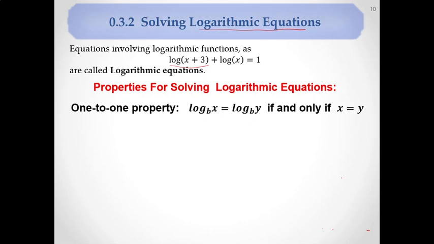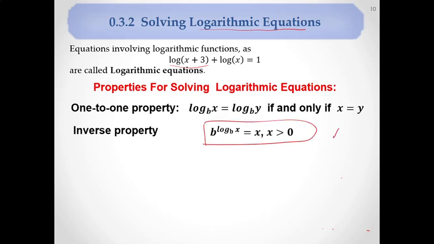Now, the other property here is this one, the inverse. This property is very important. I mean, they're both important, but this one is like a shortcut. The shortcut is like this. You have some log base b of some number here. So it's asking log base 5 of x is equal to 9. What is x?